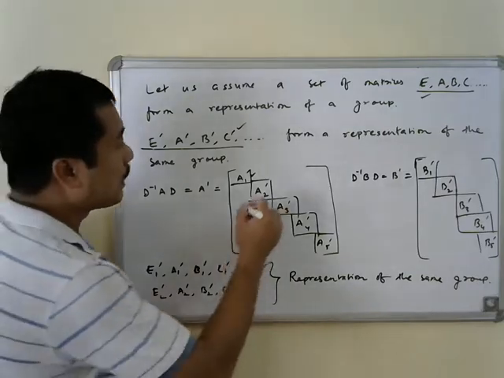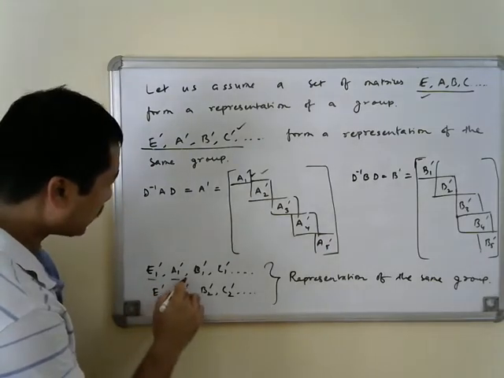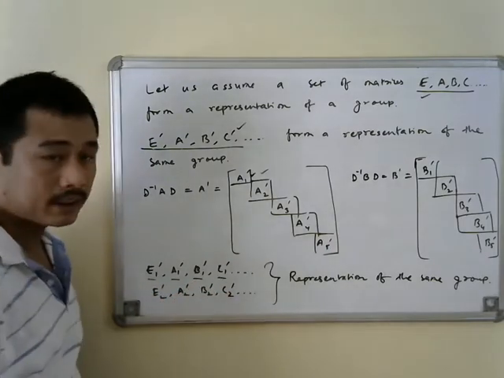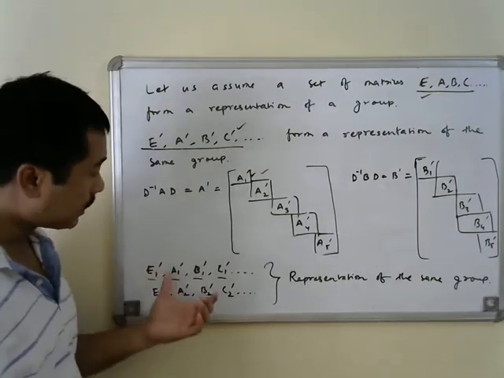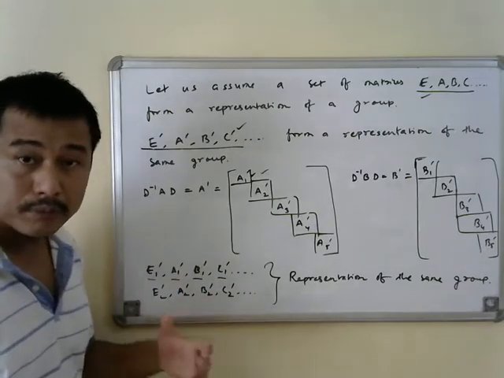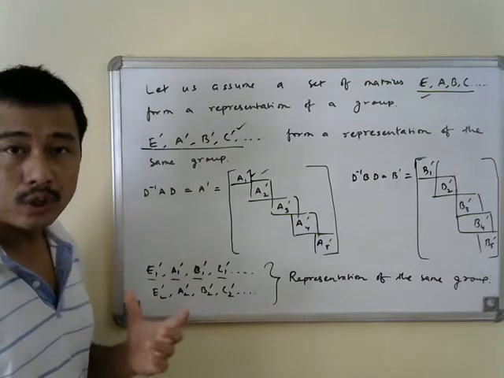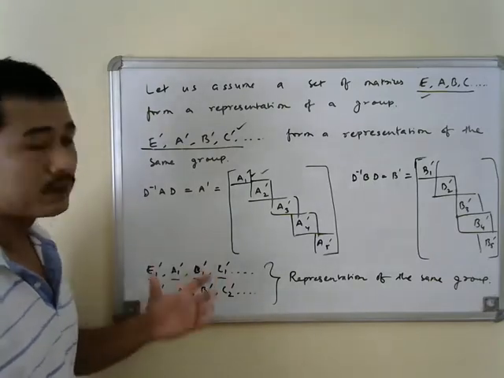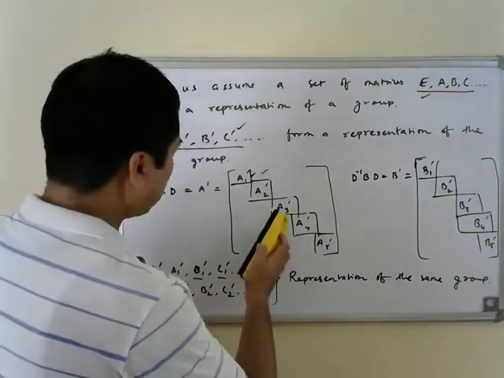So, say for example, in case of this set of matrices E1 dash, A1 dash, B1 dash, C1 dash, we are not able to find a similarity transformation to transform these matrices into such matrices which can be further block factorized. So then these matrices will be called irreducible representation of the group. We will see examples of such irreducible representations now.